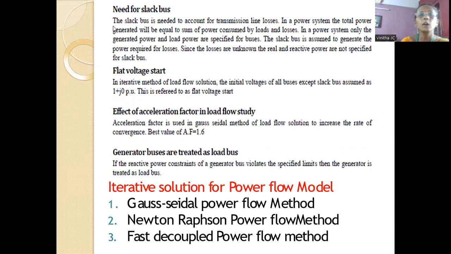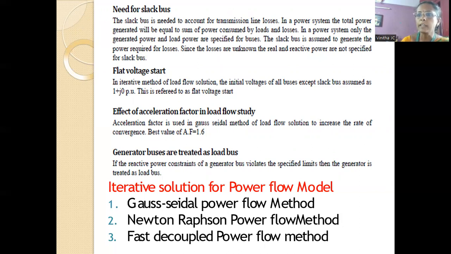And now let us see why the slack bus is essential. What is the need for this slack bus? Normally, a power system has only two types of buses, the generator bus and the load bus. The generated power as well as the load power are specified, but nothing is specified to calculate the losses.